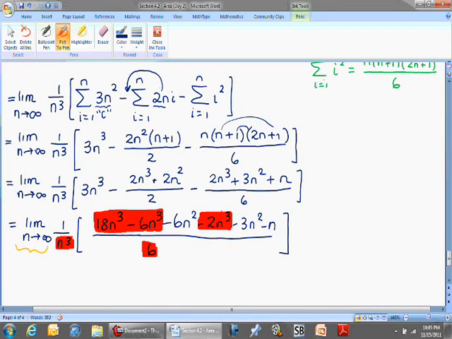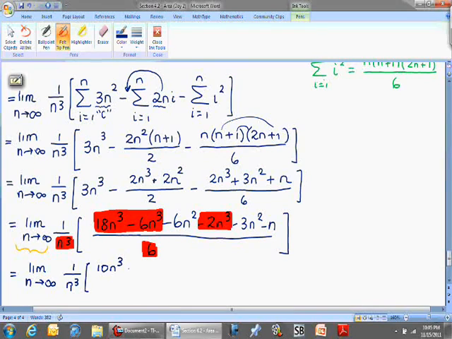And if you just simplify 18n cubed minus 6n cubed minus 2n cubed, you would have 10n cubed. Divided by a 6n cubed is going to give you that 10 over 6, or 5/3 that we talked about. Now, if that's a little too much for you to handle, then by the time that you simplify this a little bit more completely, I think it becomes a little bit more clear what the answer is going to be.